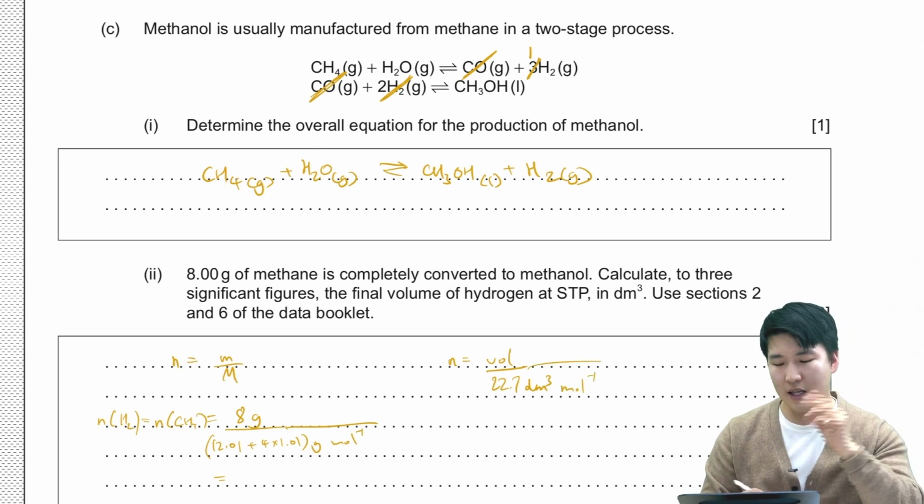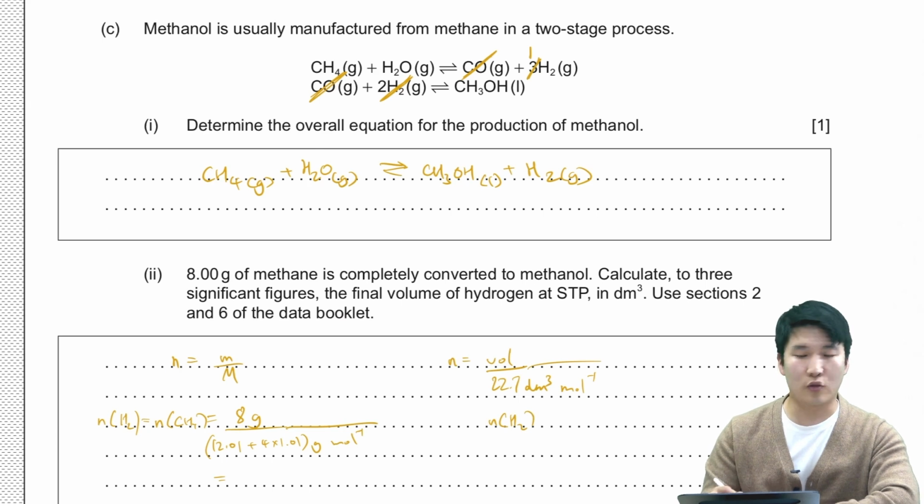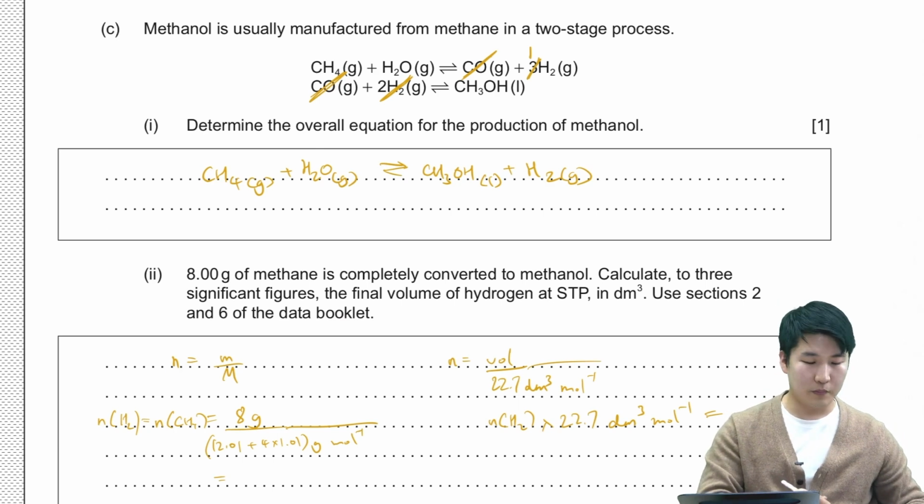So what we need to do is multiply n of H2 by 22.7 dm cube per mole to work out the volume of H2 in dm cube.